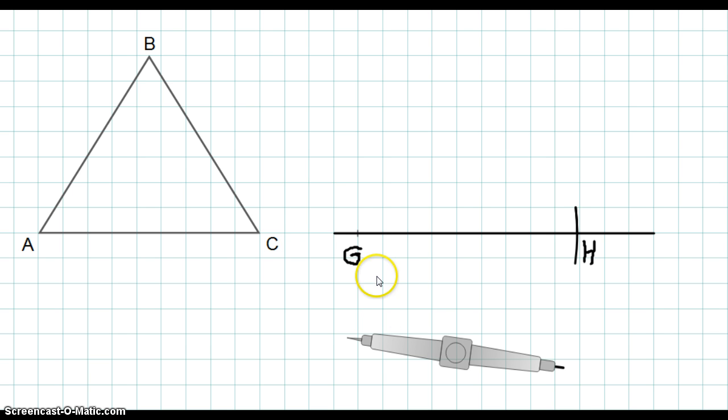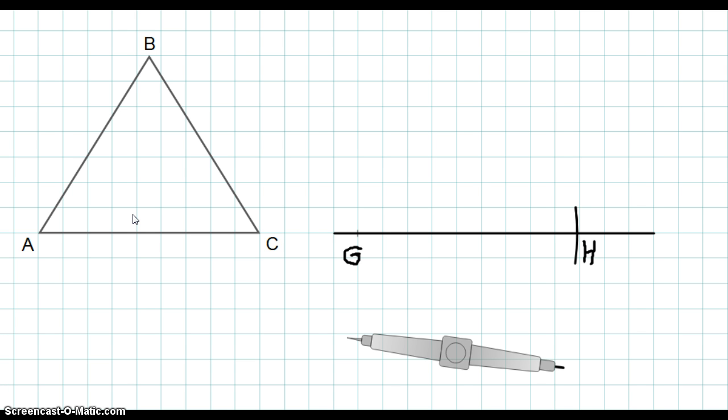GH is from here until here. And the length of GH is corresponding with line AC. So it's the same length, same side. So for SAS, we got one side clear. We got one corresponding side.